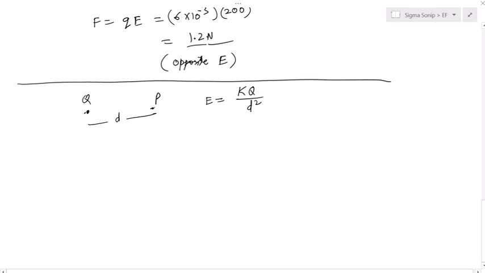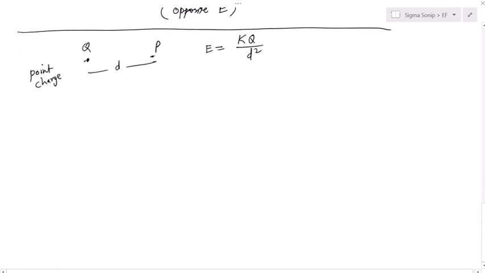This Q is my point charge, which means it's a very small charge, with a very small physical size. Another charge configuration which is very important, which you will need to know, is parallel plates, and that's what we are going to look at now.